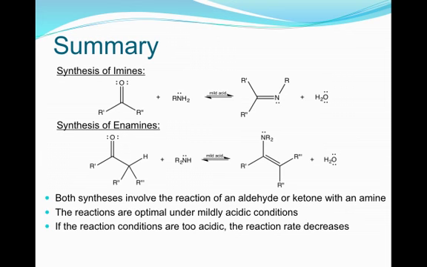If the conditions are too acidic, the reaction rate will decrease. Importantly, both reactions are reversible in the presence of water. All of these features, including the generally mild reaction conditions, thus render imine and enamine chemistry prominent in biochemical reaction sequences as well as in industrial applications.